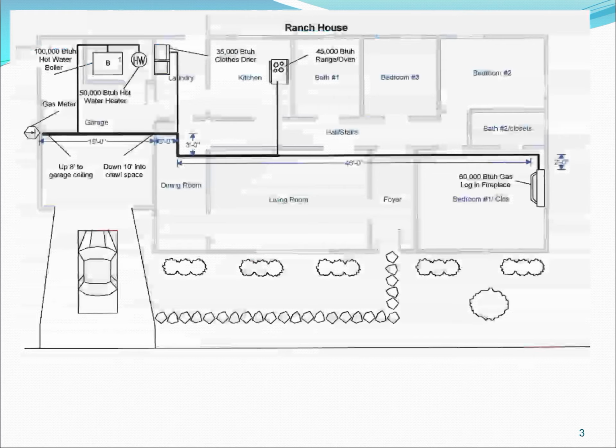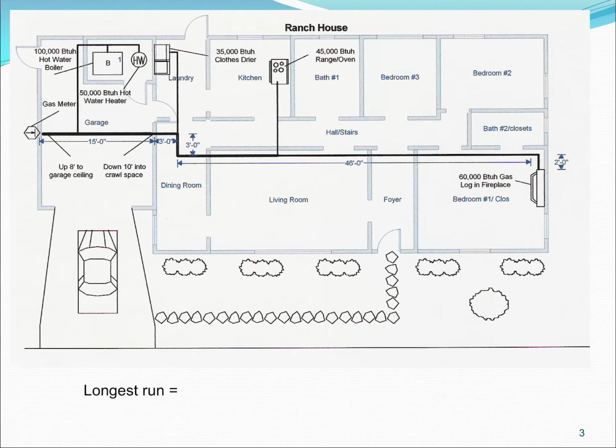When we start looking at our distances, we notice that we've got 8 foot up to the garage ceiling, 15 feet over, 3 feet down, 10 feet down, 3 feet over, and there's a lot of zigging and zagging because of the location of the gas meter. And then of course we've got to pick up a boiler, a water heater, the clothes dryer, the range oven, and all those things, and then a gas fireplace.